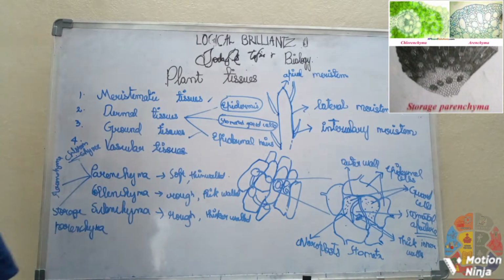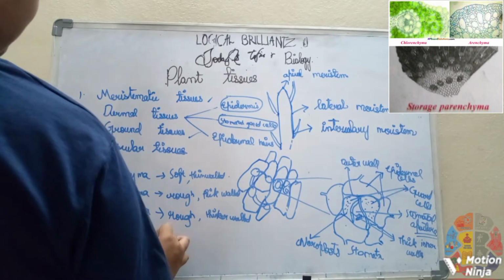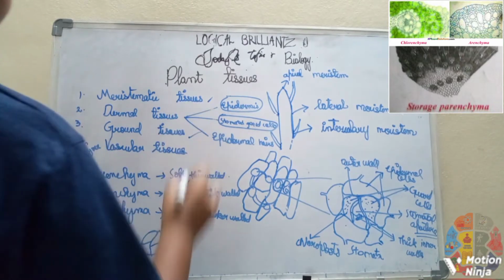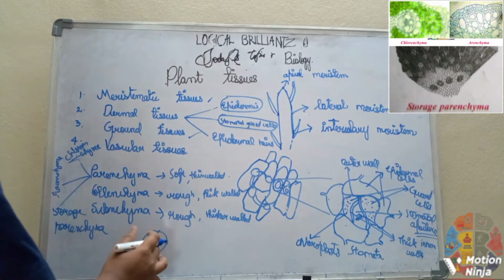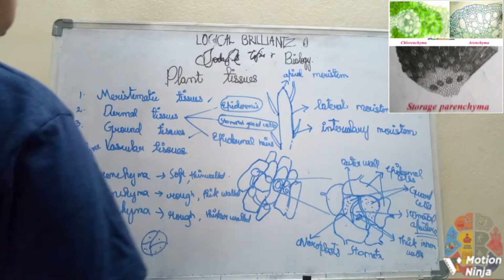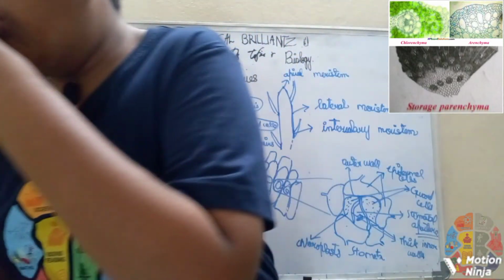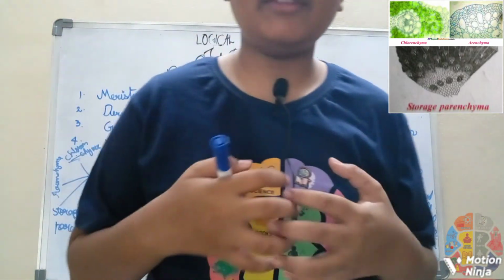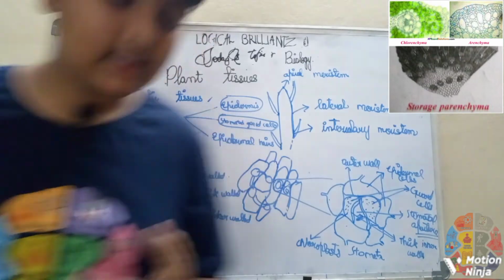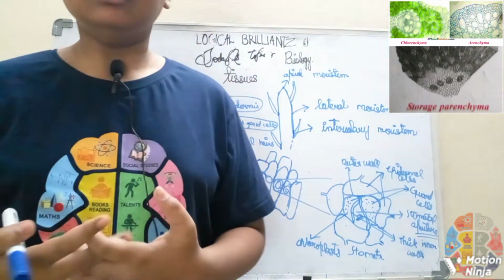See, what is chlorenchyma first? I'll provide a picture for every cell, okay? The parenchyma which contains chloroplasts is called chlorenchyma. They will be green. The parenchyma which contains chloroplasts are chlorenchyma.